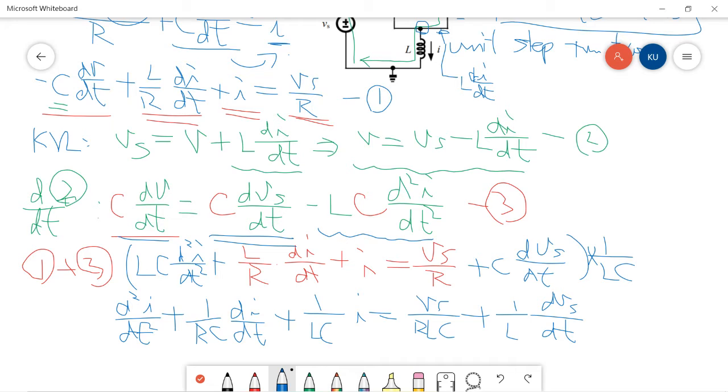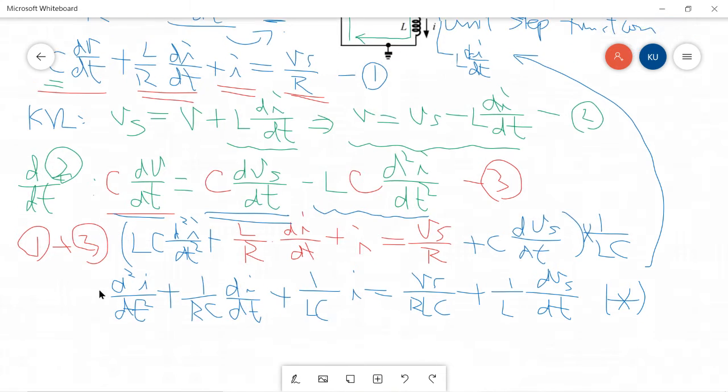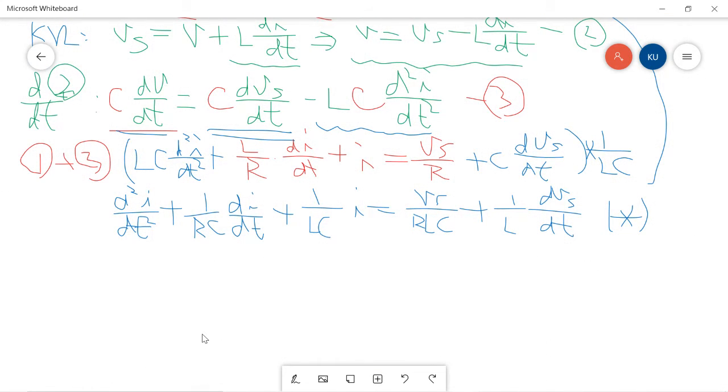Okay, so that we have an ODE describing the circuit in terms of I and R, L, C and also Vs. Then we can substitute all the values or the expression in it.